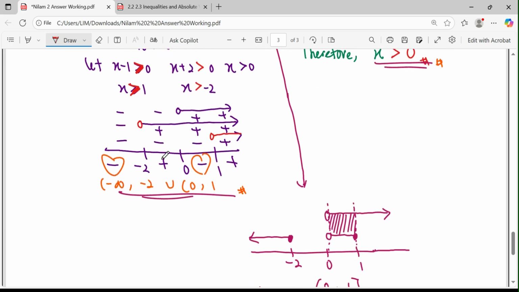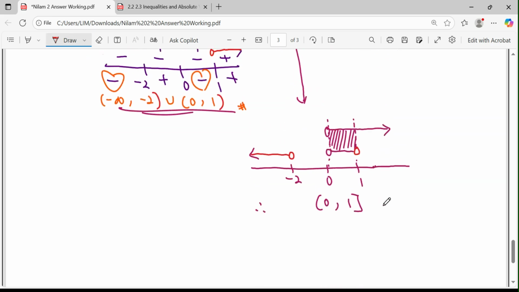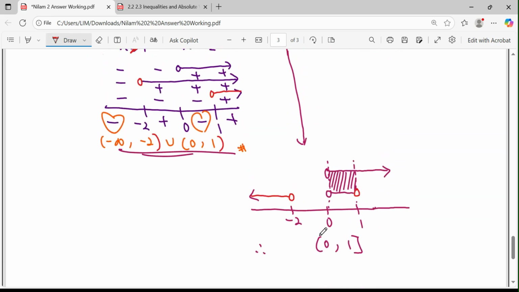Okay, so I review. The answer here is an open bracket. This is an open bracket. So when I come to this part, it's supposed to be an empty circle. When you have an empty circle, it will not be included. When you have one of these empty circles, the value 1 here is not included because one of them is not included.